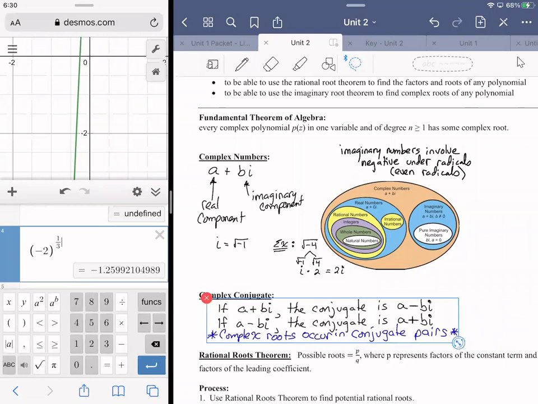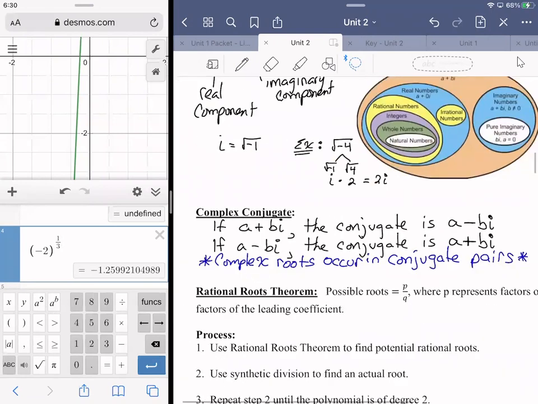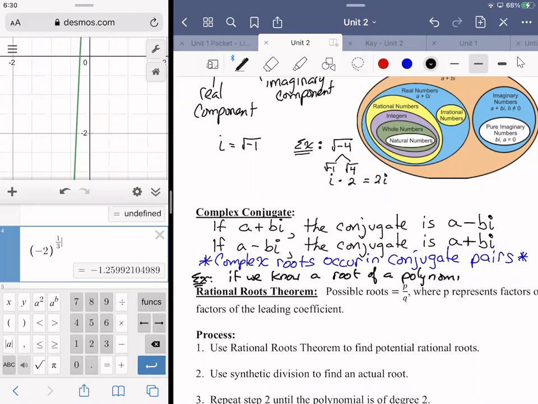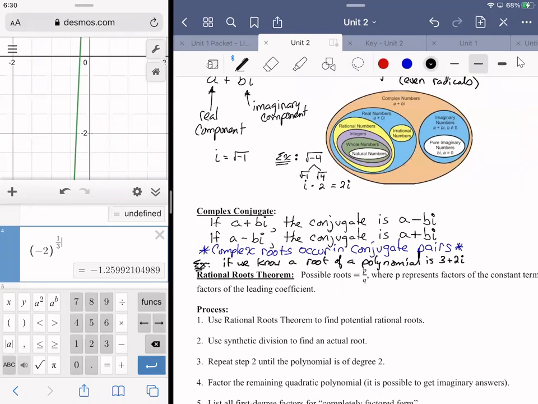I'm going to shrink it down a little bit. So, for example, if we know a root of a polynomial is 3 plus 2i, then another must be 3 minus 2i.